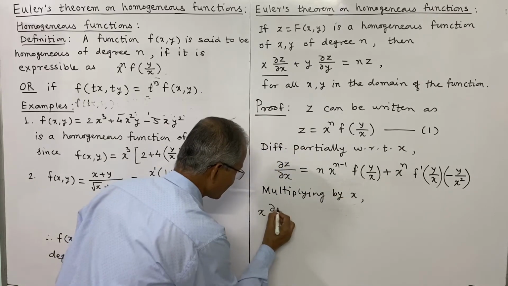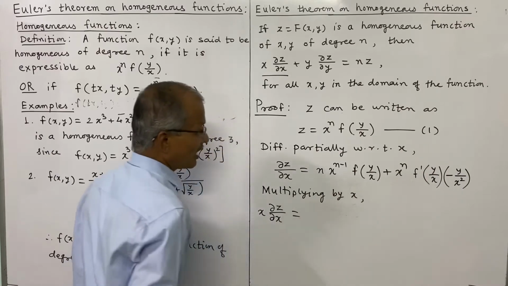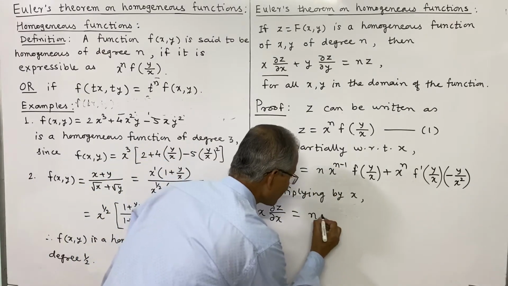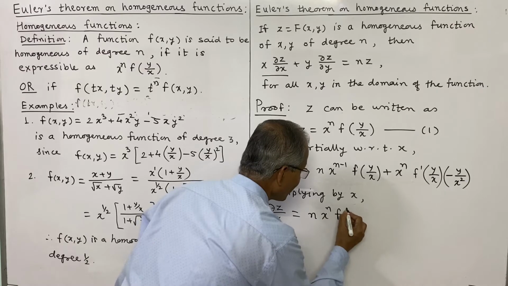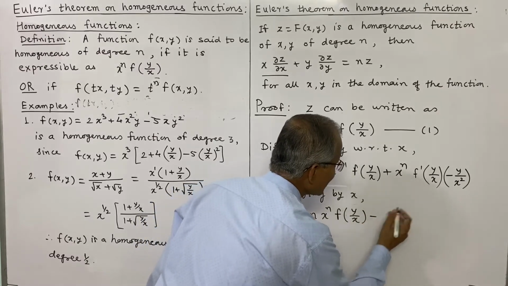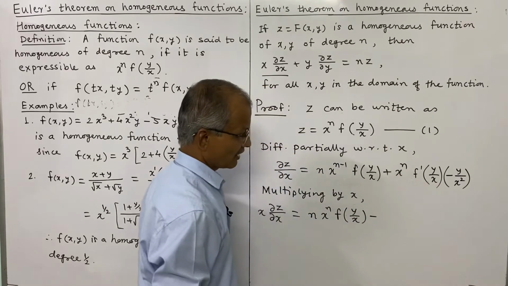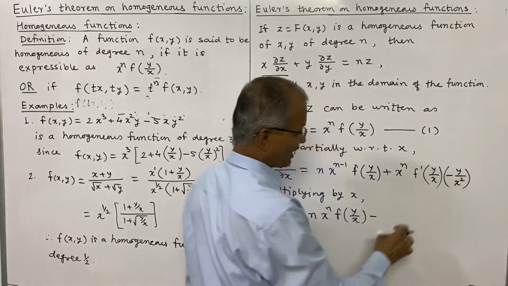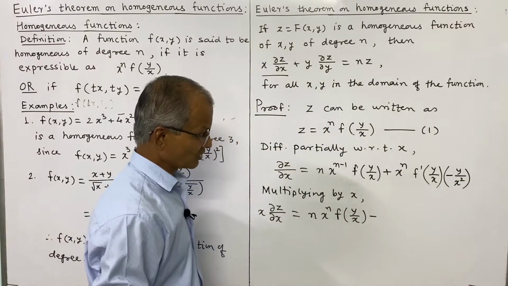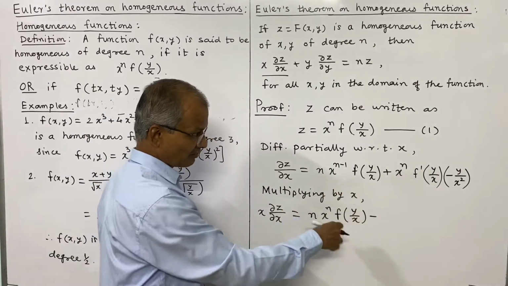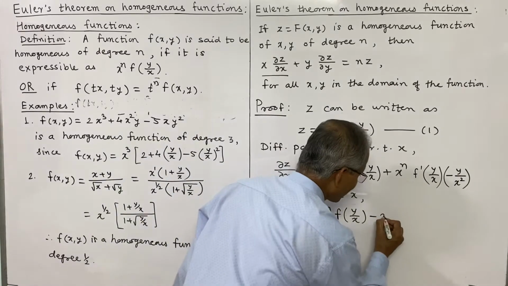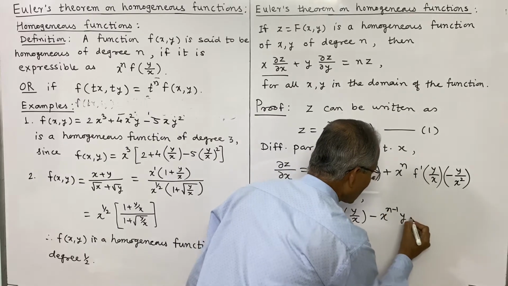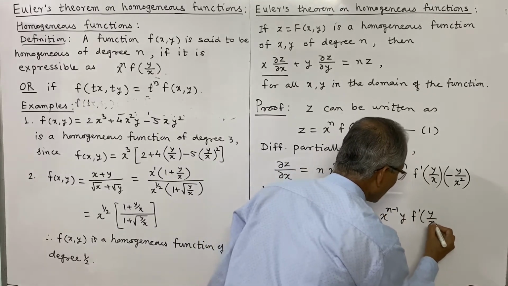we'll get x dou z by dou x is equal to, and if you multiply by x, this power increases by 1, that means this becomes x power n, that is n x power n f of y upon x, and see there is a minus sign, this is in product, minus x to the power n divided by x power 2, means x to the power n minus 2, and we have multiplied by x, means the power again increases by 1, means the final power of x will be x power n minus 1 into y, and f dash of y upon x.